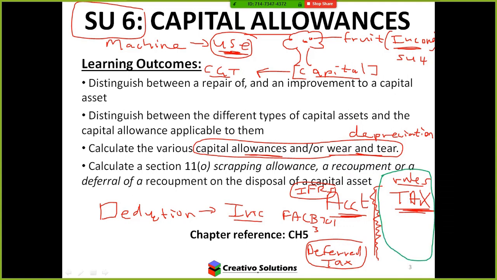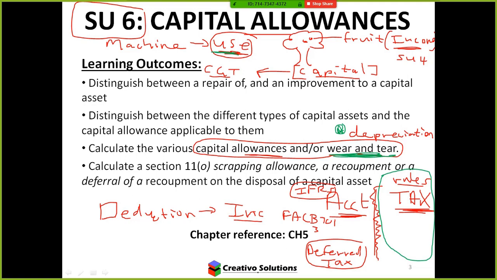I'm just trying to link it to the accounting because you know what depreciation is, so it's easy to understand that. Then we just need to apply it to tax. Wear and tear is what SARS uses to distinguish the expense portion of the use of the asset, and that's what you're going to be using as a capital allowance.